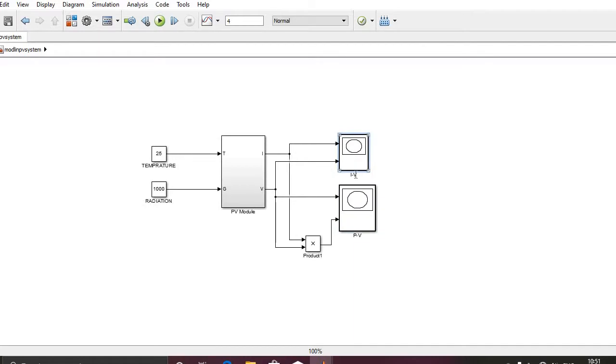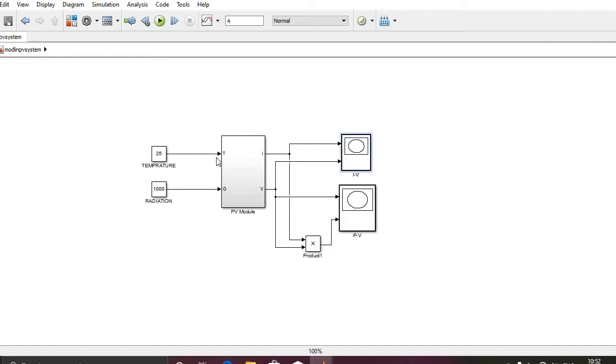Now give the name IV for this XY graph, because we will use it for the IV characteristics, and for this we have to give the name PV for the PV characteristics. Now in the output of the PV module only the values of I and V are there, so we have to multiply V into I for our power rating. By multiplying this current and voltage, we will get power for the PV characteristics.